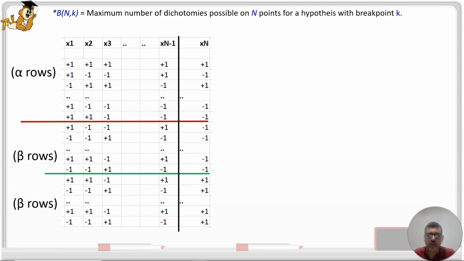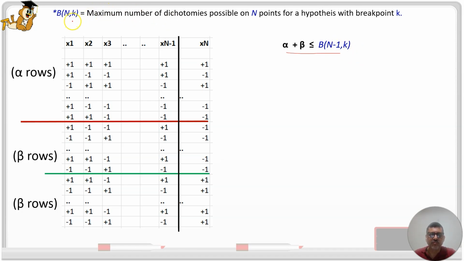I am now going to estimate the values of alpha and beta in terms of this quantity b that I had defined. I have drawn the same table once again. The first claim I am going to make is that alpha plus beta is less than or equal to b of n minus 1 comma k.